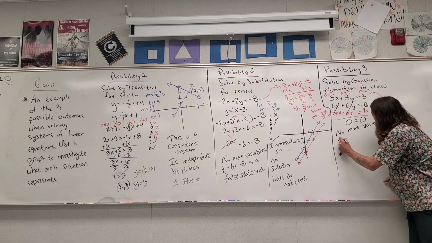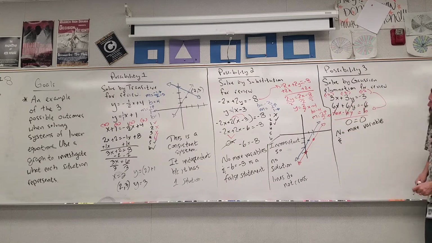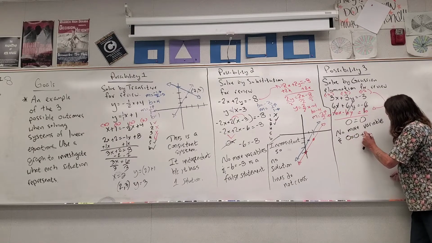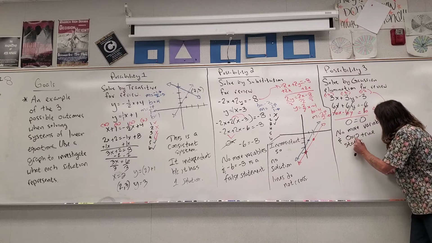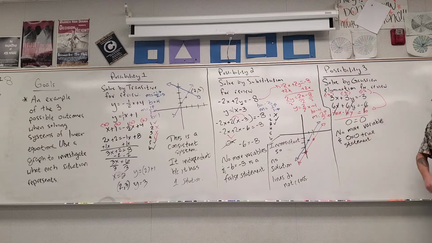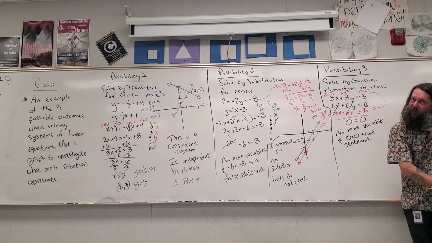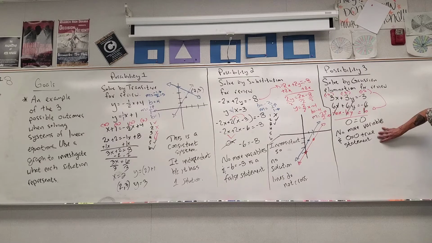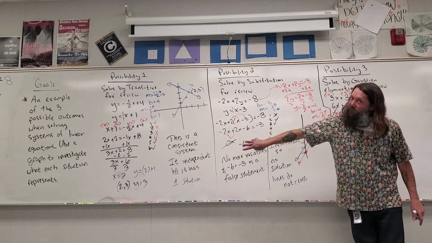However, and this is what's different between possibility 2 and possibility 3, 0 equals 0 is a true statement. Okay, so let's graph these and see what's happening so we understand what's going on with these equations and why we're getting a third outcome which is different from the second and different from the first.